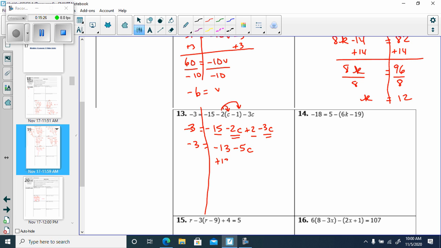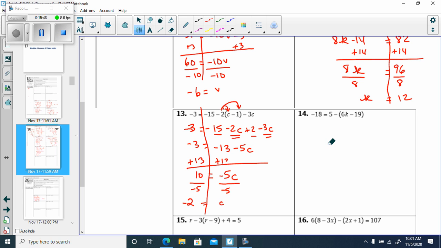I'd add 13 to both sides. Negative 3 plus 13 is 10, equals negative 5 times c, right? The opposite of multiplying by negative 5 is to divide by negative 5, and c gives me negative 2.